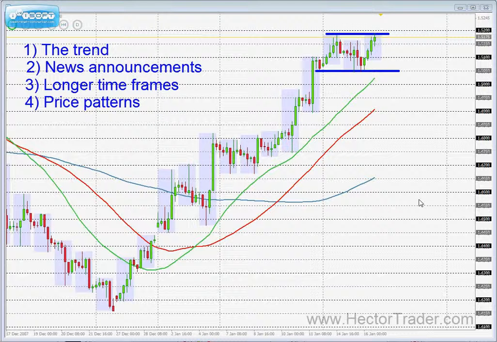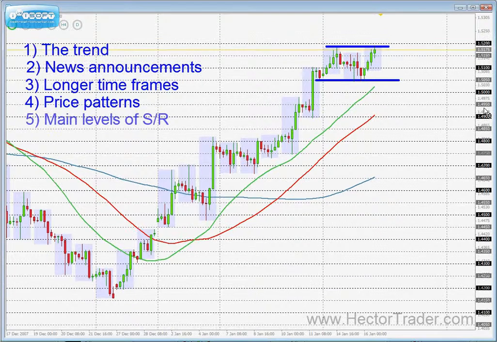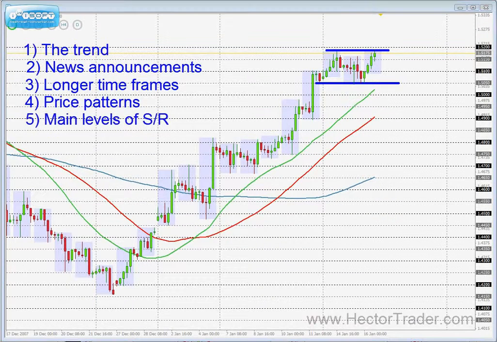Another element you want to always keep an eye on is where my levels of support and resistance are. My significant support and resistance, first of all, is this double bottom I was talking about. In this case, it's a 150.50 round number. That's the key level.